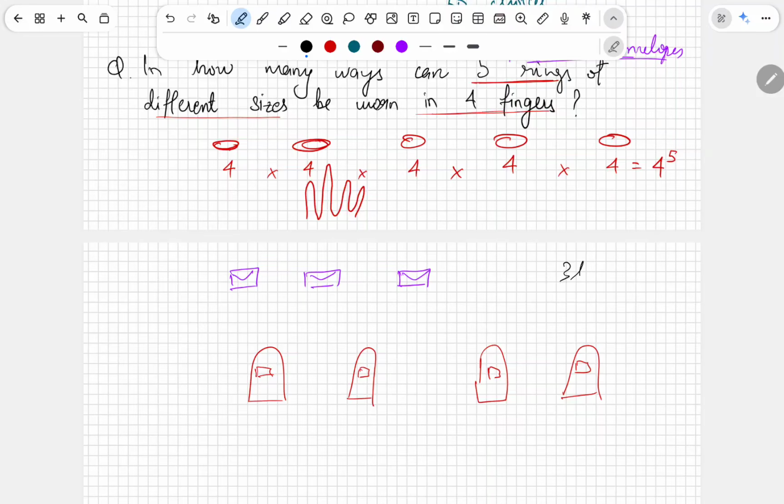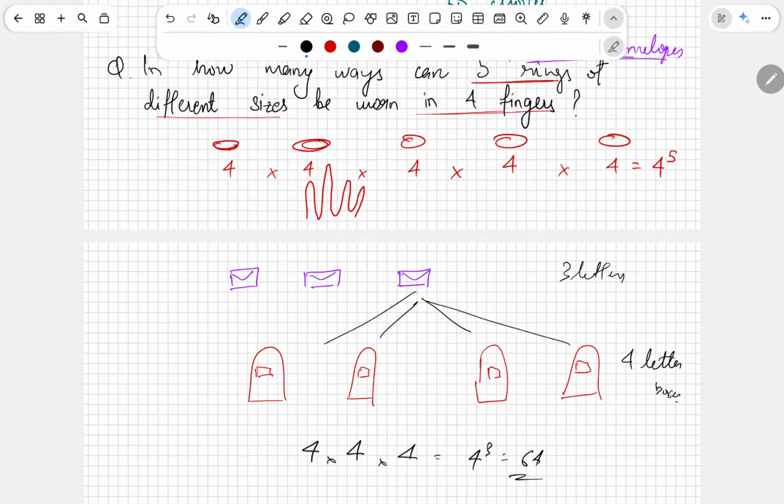Let's say I had 3 letters and 4 letter boxes. First letter had how many choices? 4. Second letter had how many choices? 4. And third letter had how many choices? 4. So we will multiply them. Answer will be 4 cubed, that is 64.